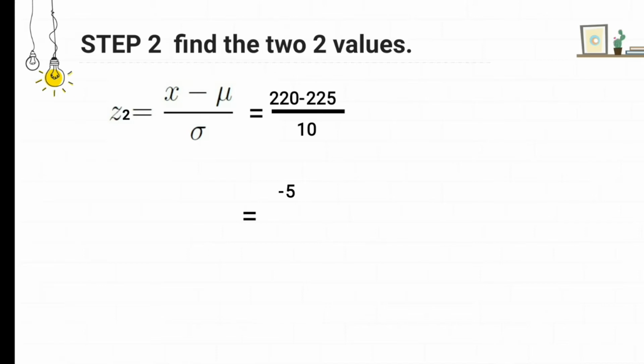So 220 minus 225 is negative 5, all over 10. If we solve this, we have negative 0.5.